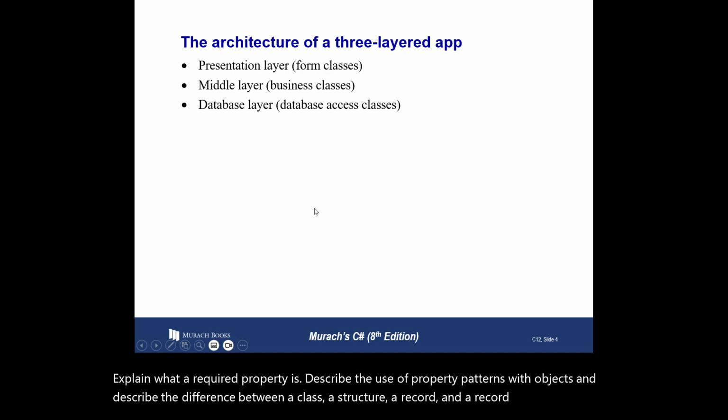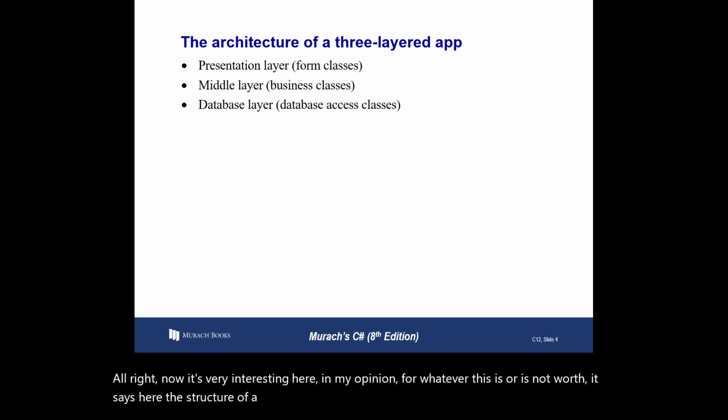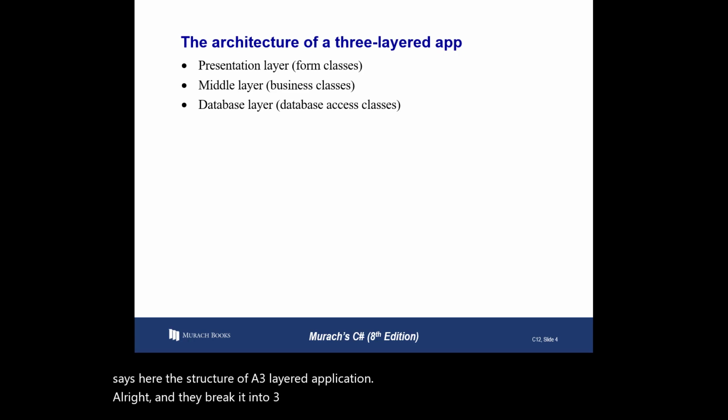All right. Now, it's very interesting here, in my opinion, for whatever this is or is not worth. It says here the structure of a three-layered application. And they break it into three parts: the presentation layer, the middle layer, and the database layer.